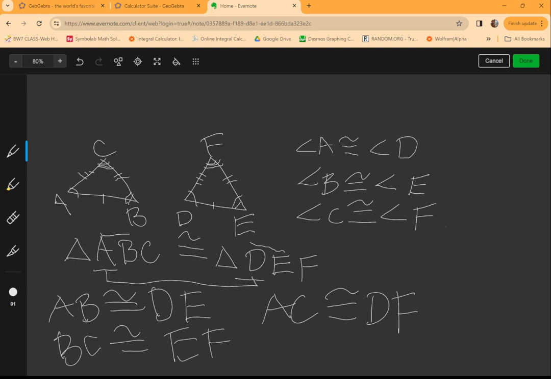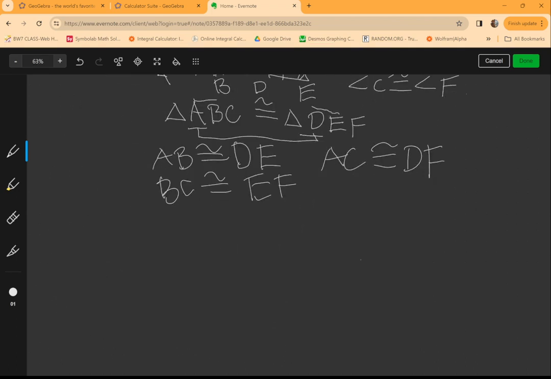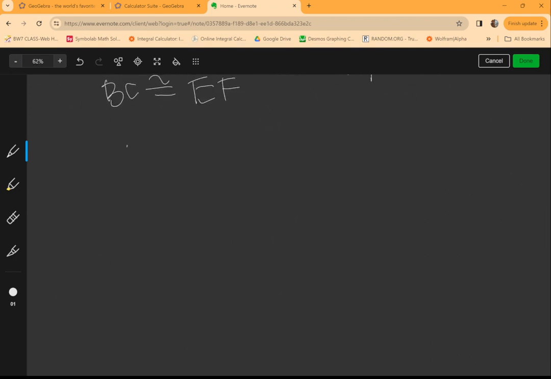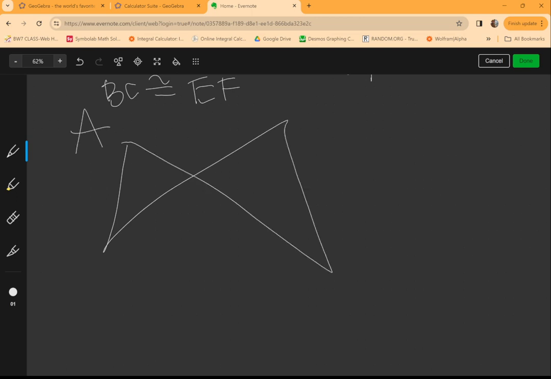One last thing in terms of naming angles. If you look at the triangle, it's clear what angle A is. In some cases, it won't be clear. Sometimes we have two triangles that are constructed in this manner, with A, B, C, D, E. It's clear what angle A is and what angle B is.